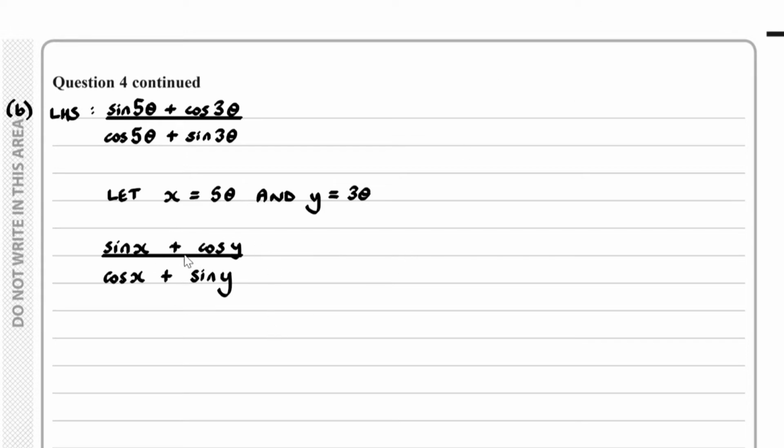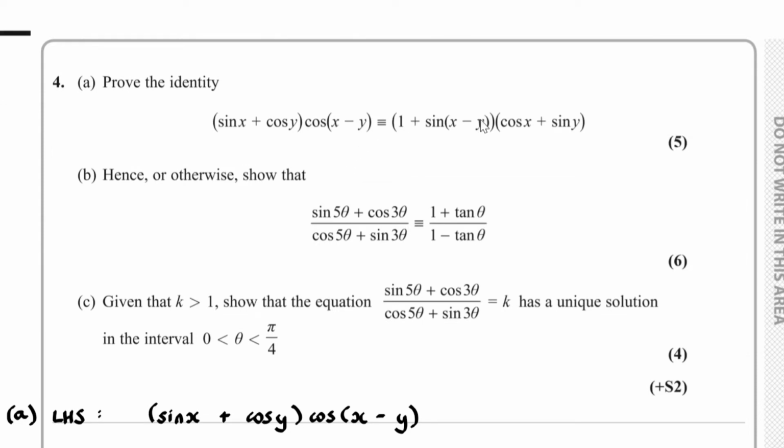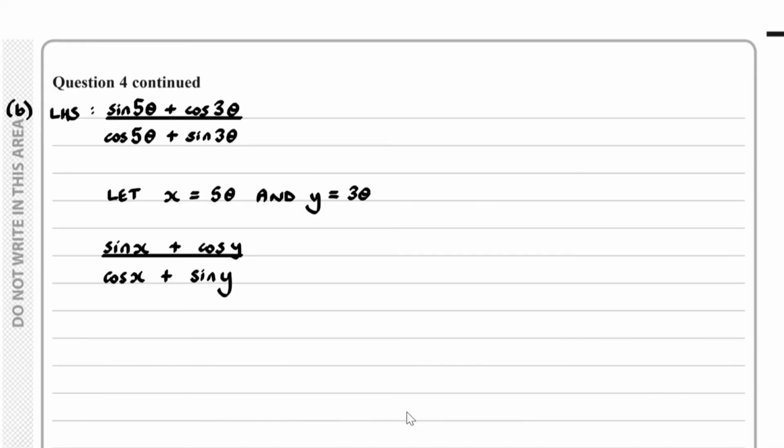And what we can do is use our result to part A. Notice here we've got a sine x plus cos y and a cos x plus sine y. And here we have those results in some way. So what we will do is use those ideas.